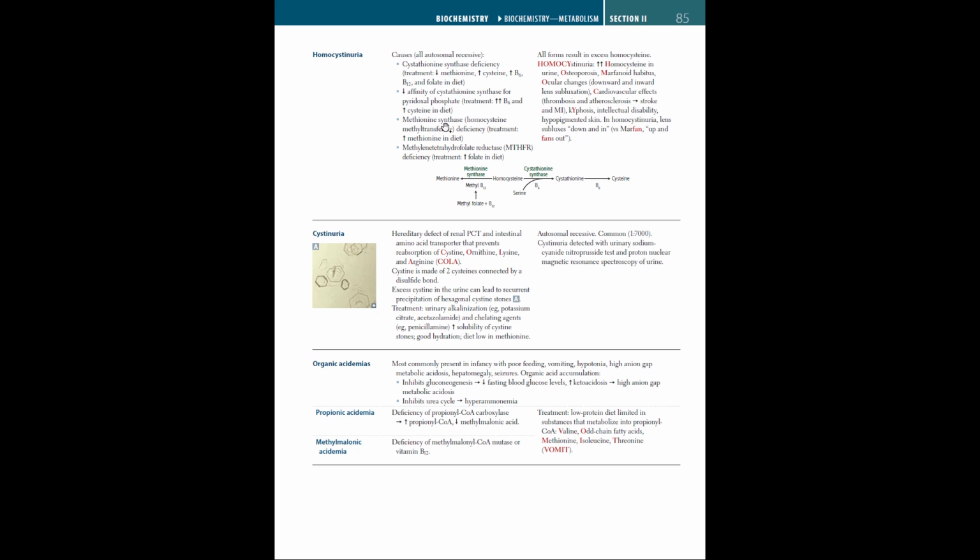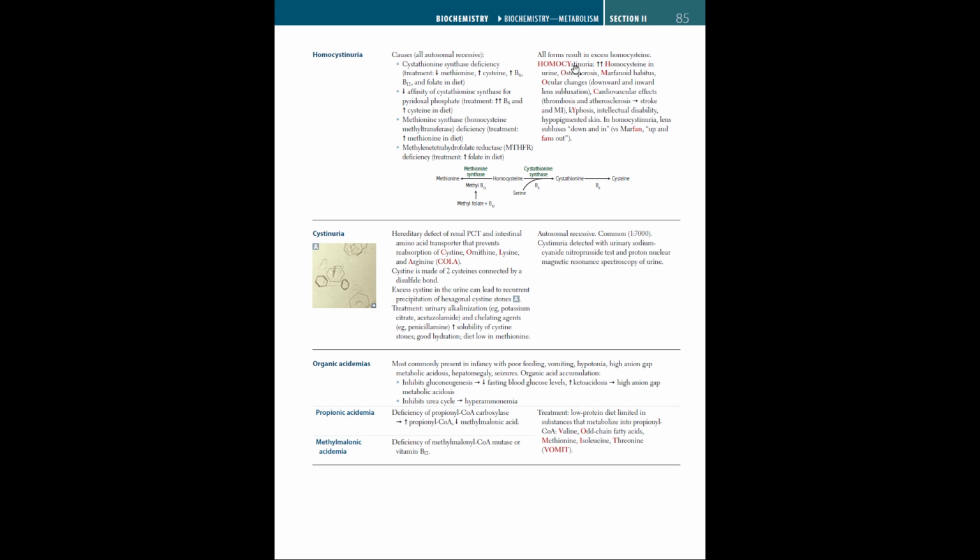Homocysteine methyltransferase (methionine synthase) deficiency or defect is another, and the treatment is increased methionine in the diet. Methylenetetrahydrofolate reductase (MTHFR) deficiency could also be a cause of homocystinuria, and the treatment is increased folate in the diet.